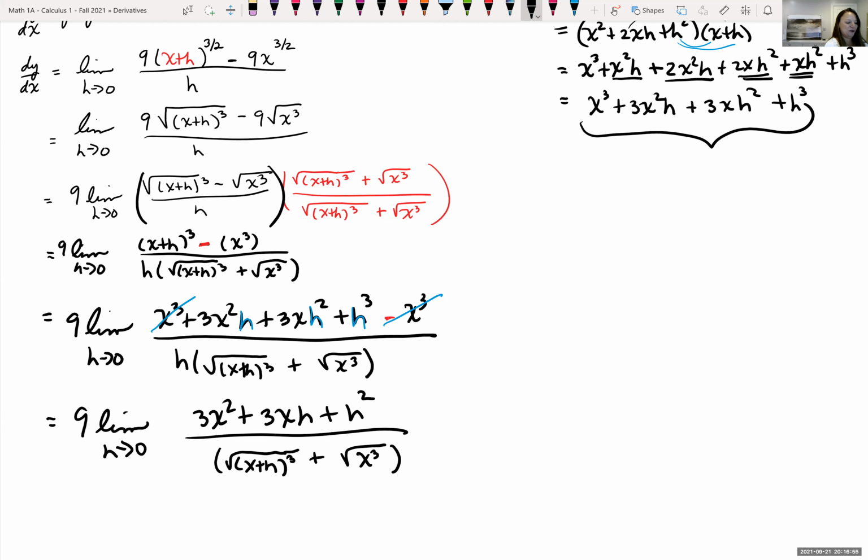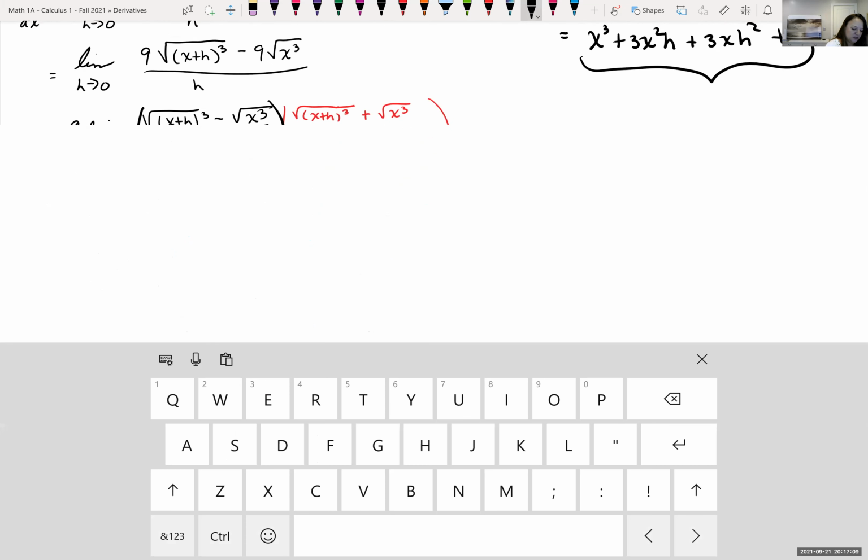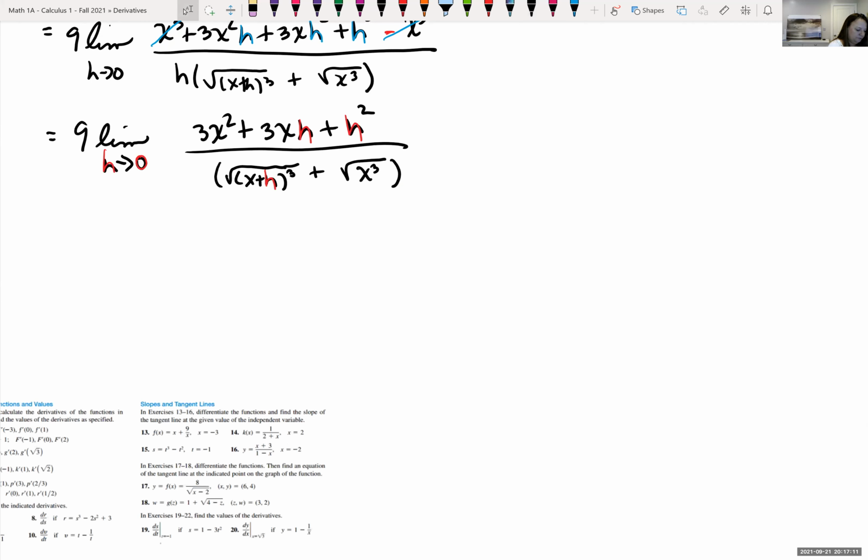Now when we plug in 0 wherever we see this h, we're left with the 3x squared in the numerator. The 3xh, that's 3x times 0, goes away, and plus 0 squared goes away. So 3x squared is the only thing we have in that numerator.